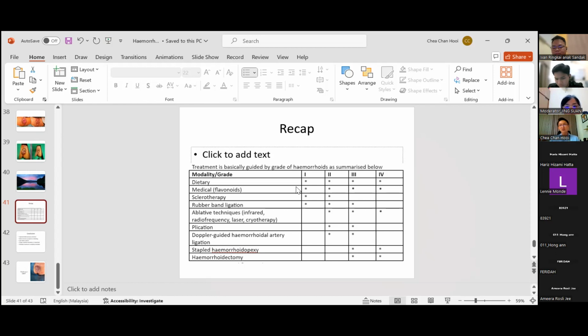I think this is more to do with the lifestyle of the patient, where patients are prone to constipation, or some patients, without them knowing, they have some degree of obstructed defecation syndrome. I don't know whether I should tell you all this because these are all high-end anorectal diseases.